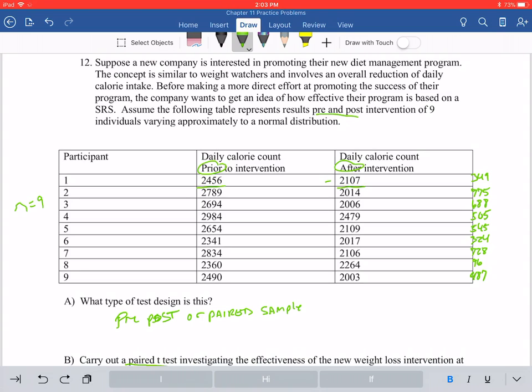When you add all these up, take the sum. So our sum delta here should equal 4,500. Our x bar delta should equal 500, and our standard deviation should be 218.